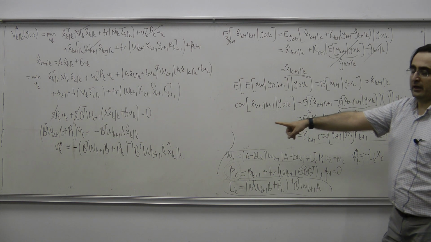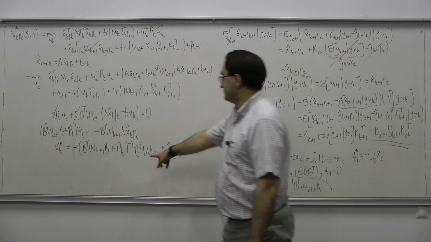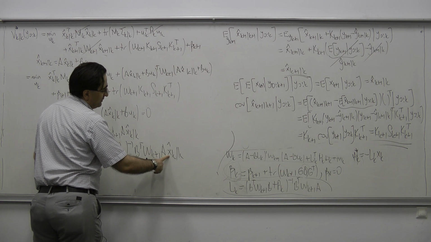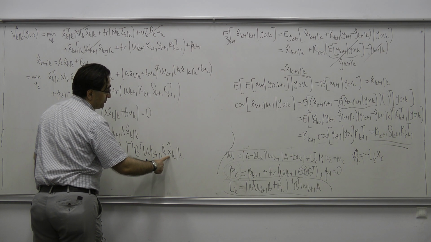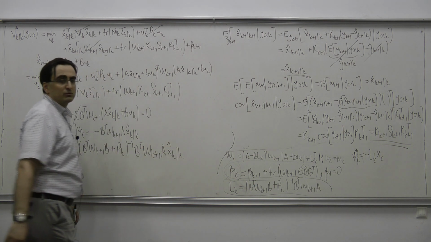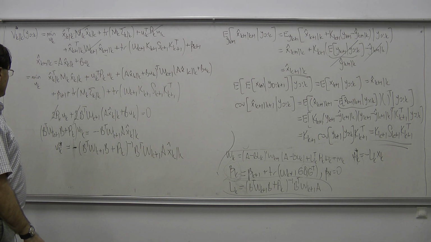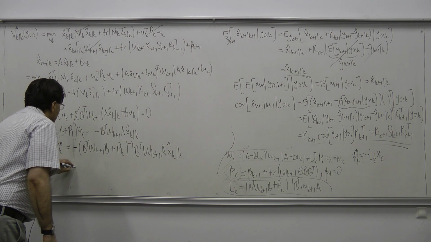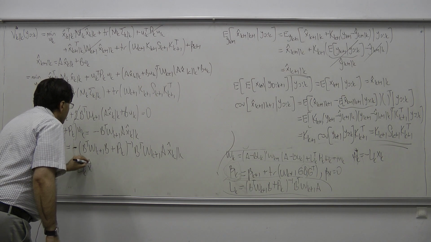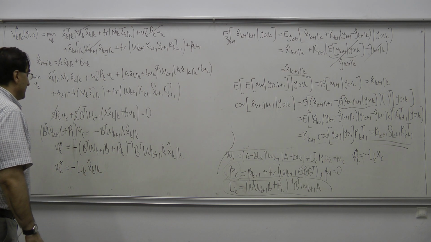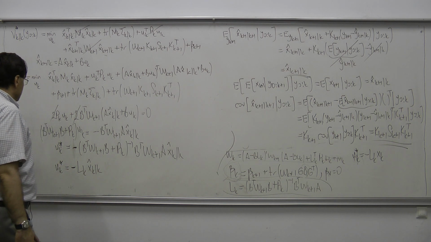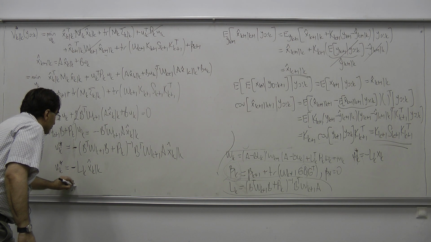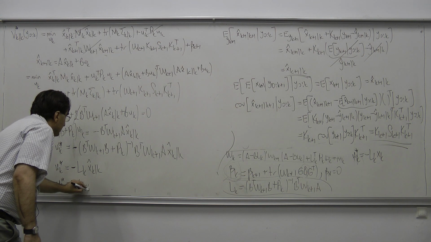Here, the gain Lk remained the same, but instead of the exact value of the observed state, here I need to use the Kalman filter estimate. So this uk star is nothing but minus Lk times x at k given k. But we said that uk star is going to be a function of gk of y 0 to k.